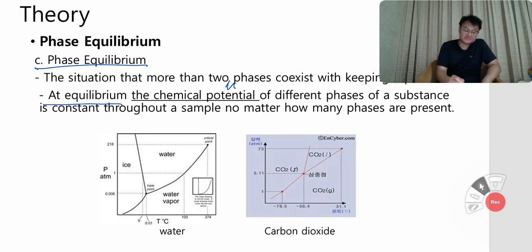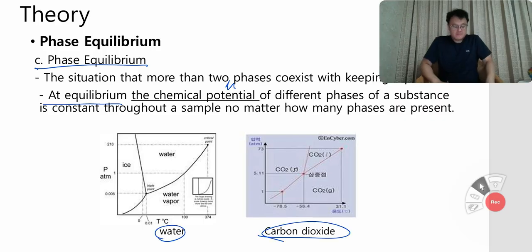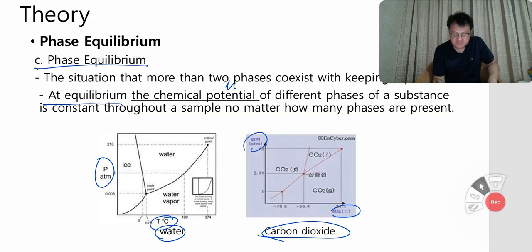You can see here phase diagrams of water and carbon dioxide. In a phase diagram, on the y-axis, you have pressure, right? On the x-axis, you have temperature. The same also here, pressure and temperature.